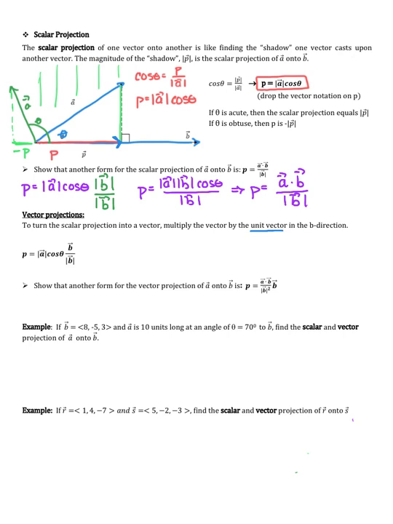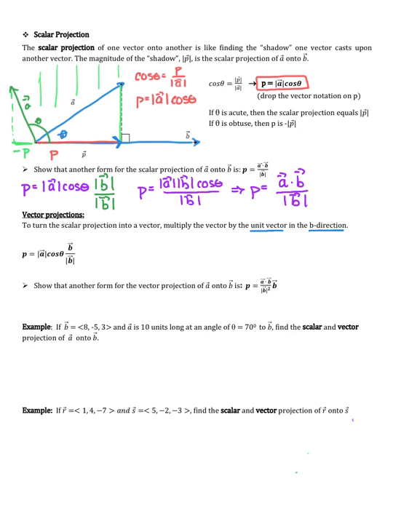Remember that has a magnitude of 1, so it's not going to change the length of my scalar, but it will make it go in the b direction if I multiply by the unit vector of vector b. Okay, so it's just going to take our scalar and turn it into a vector without changing its magnitude and keeping the direction in the direction of b.